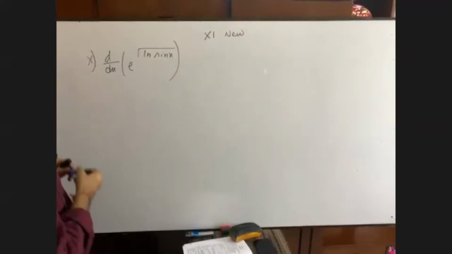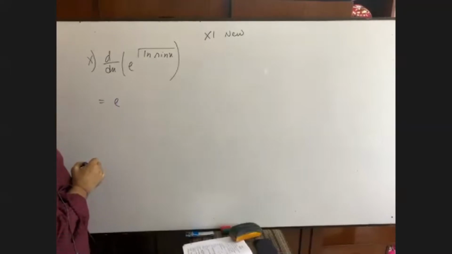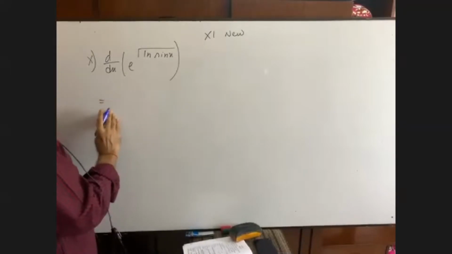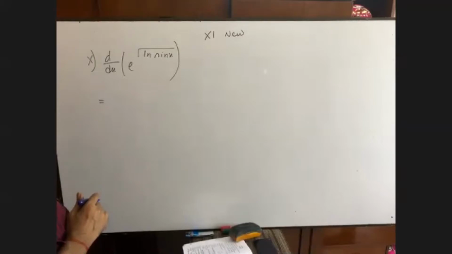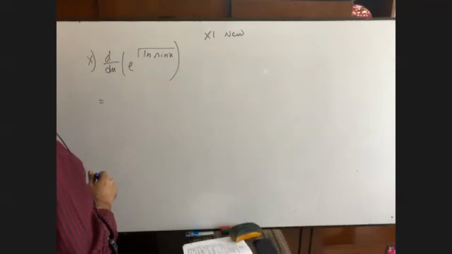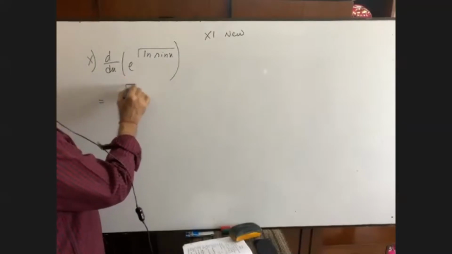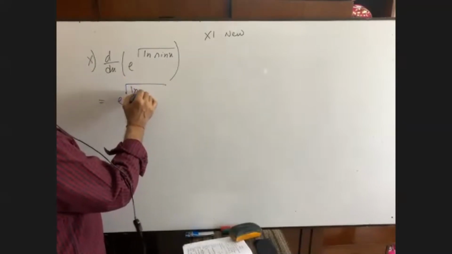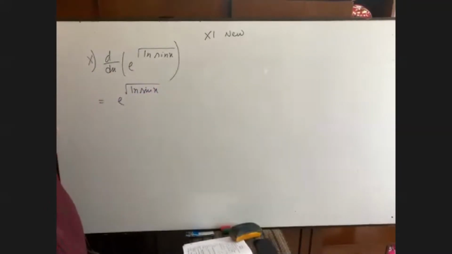What is the formula? E to the power x is e to the power x. Okay, another thing we can do here, you see, dear students, e to the power x is e to the power x. E to the power x means e to the power x.